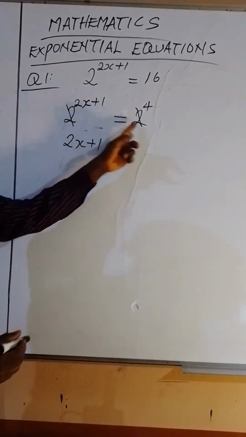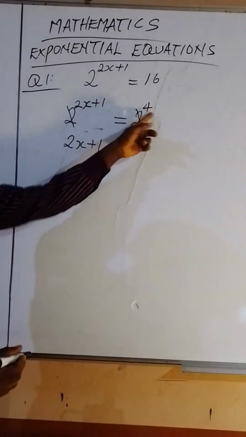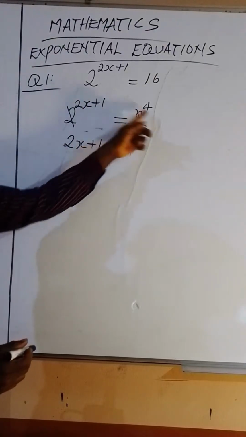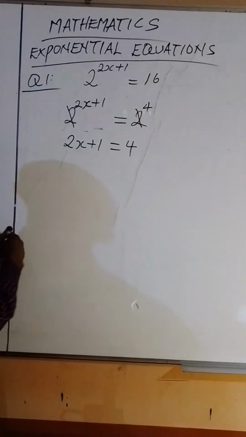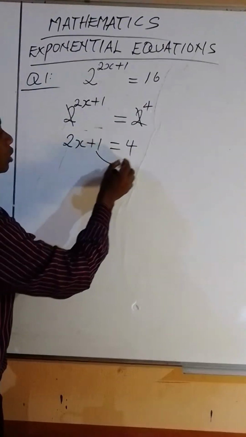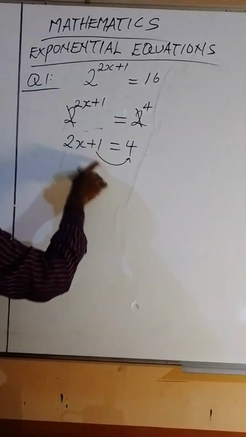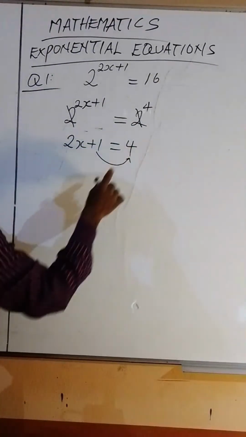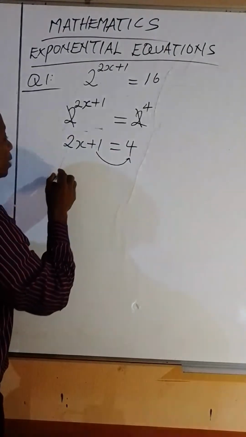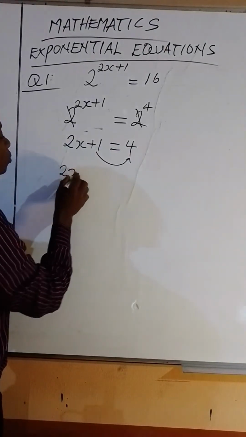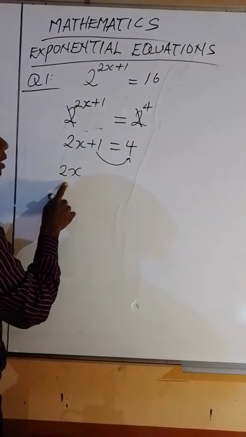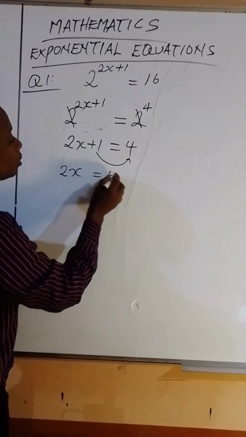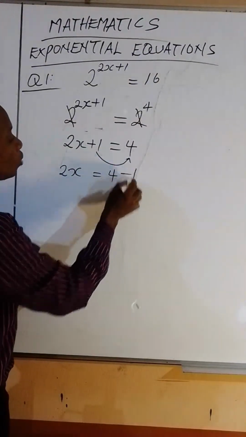Since the bases are equal, we just have to equate the exponents. Then we can transfer this 1 to the other end. If we transfer plus 1 to the other end, we'll be left with just 2x equals 4 minus 1.